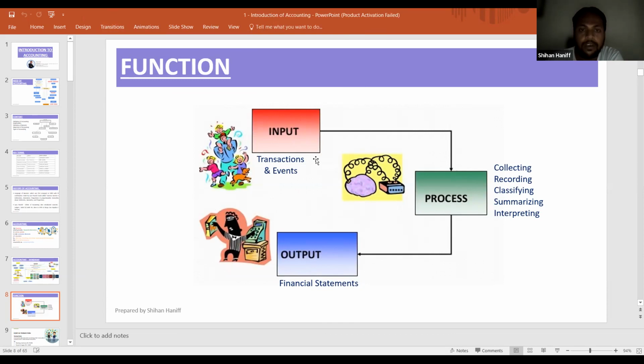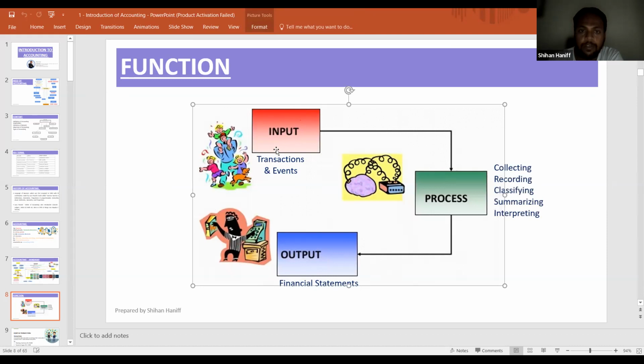Input of accounting is the transactions. What is the output of accounting? Output of accounting is financial statements. In the process, what is the accounting process? Collecting, recording, classifying, summarizing, and interpreting. So input, process, output.